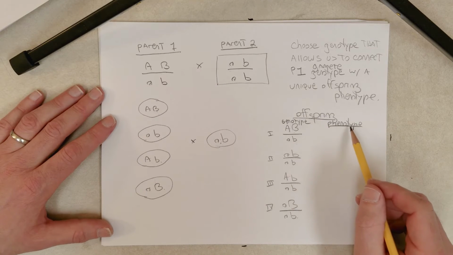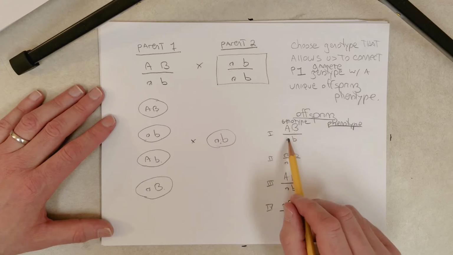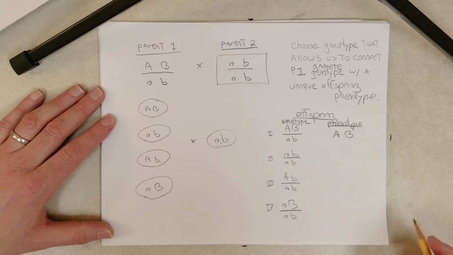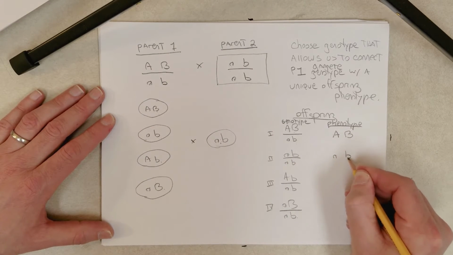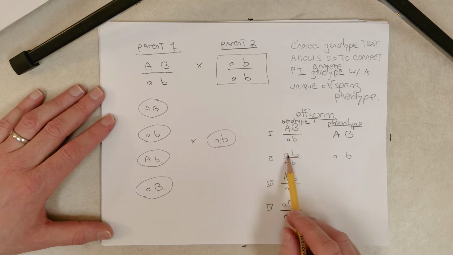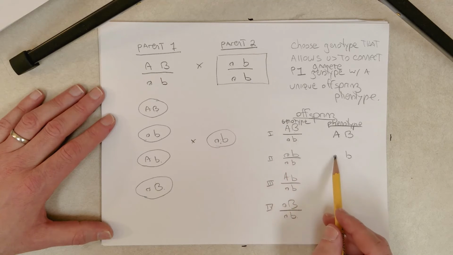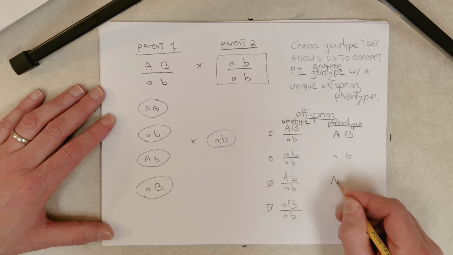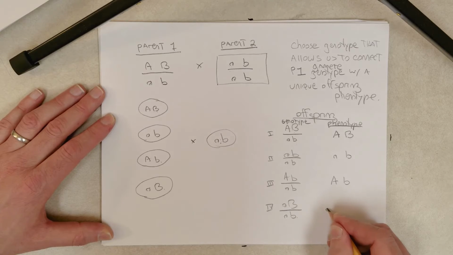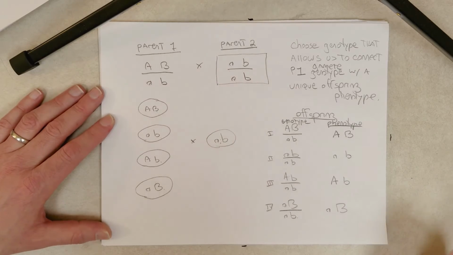So with respect to phenotype, we can say this individual right here has the big A and big B phenotype. This one here has the little a and little b phenotype. These are recessive traits, and they have 2 little a alleles, 2 little b alleles, so little a, little b. This one here, big A, little b. This one here, little a and big B.